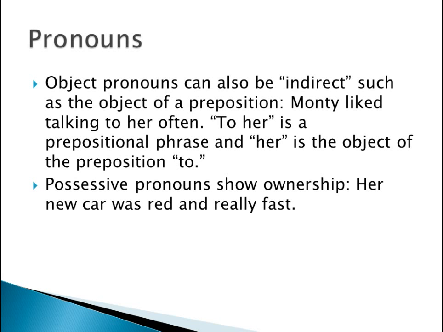The pronoun her, in both of these sentences on the screen, is the same form, even though one is an object and one is possessive. There are a couple of pronouns in English that have the same form, no matter where they're being used, like you or her. Okay, so you have to know how it's being used to understand if it's possessive or if it's an object in this example.